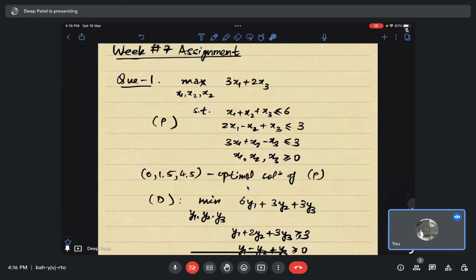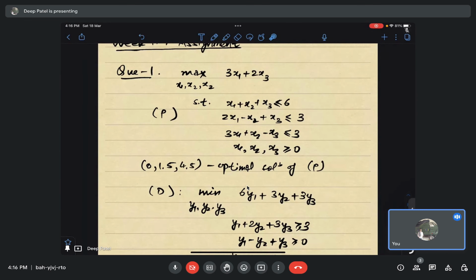So you said something about complementary slackness. I'm guessing you then utilized this information about 0, 1.5, 4.5 being optimal, right? Yes. So how did you go about that? I did it by writing out the complementary slackness equations, which hold that lambda transpose (Ax minus b) at the optimal point and (A transpose lambda minus C transpose) x are equal to 0, both of these equations.